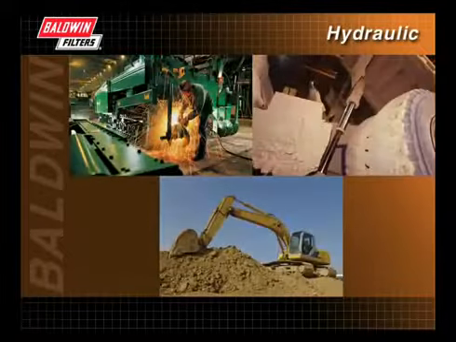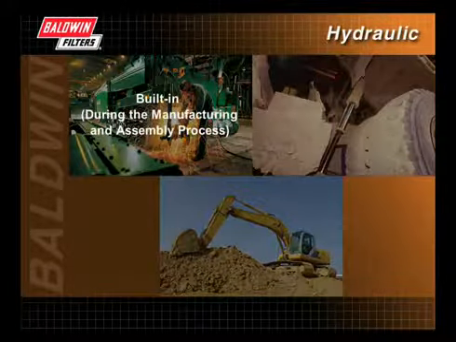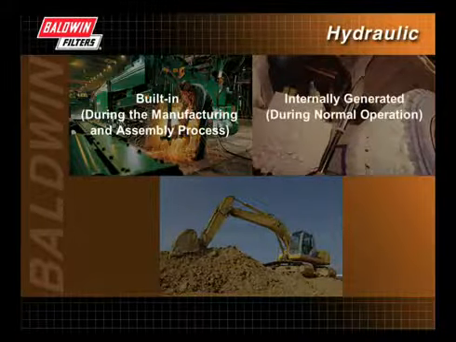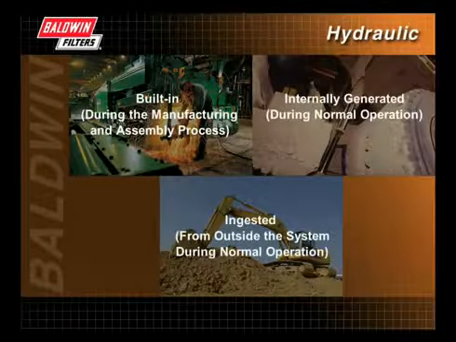Contaminants can enter a hydraulic system in several ways: built in during the manufacturing and assembly process, internally generated during normal operation, and ingested from outside the system during normal operation.